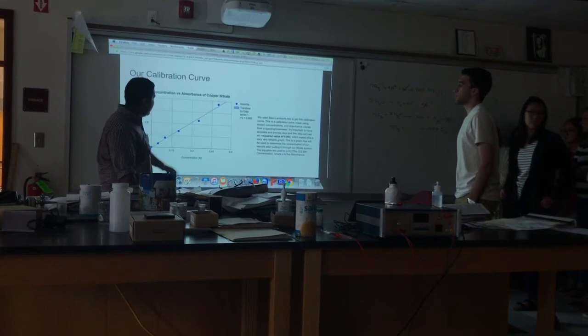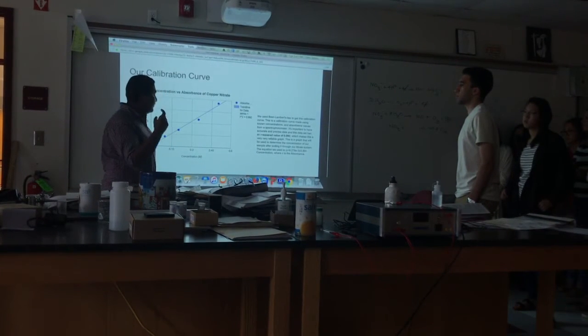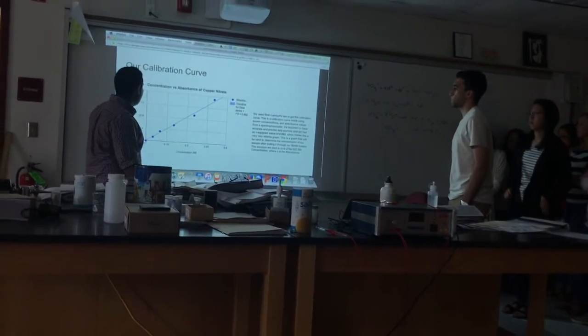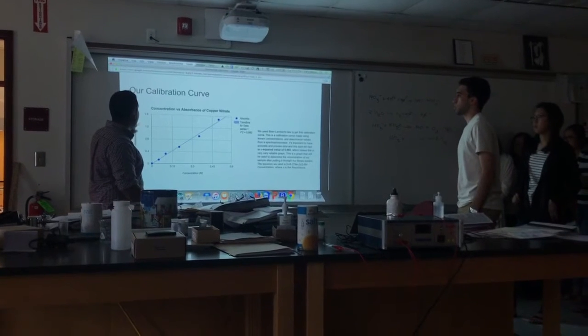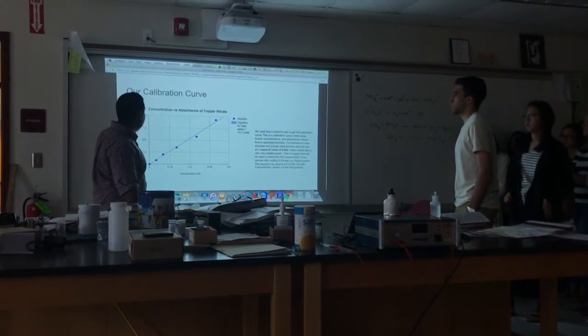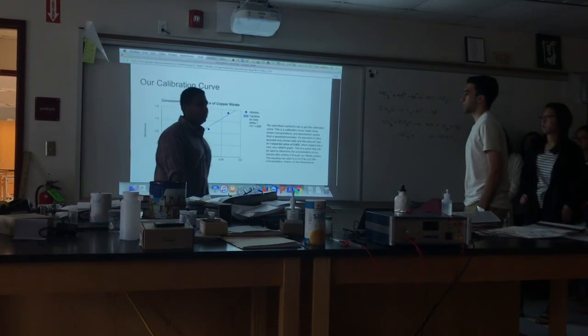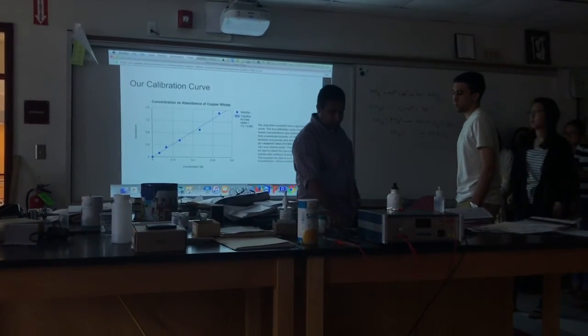So you would know, hey, the sample concentration that we put in was 0.5, but after we took it out and got a certain absorbance reading from a spectrophotometer, we can go back and know, okay, now it's 0.3. What that means was that copper was taken out.